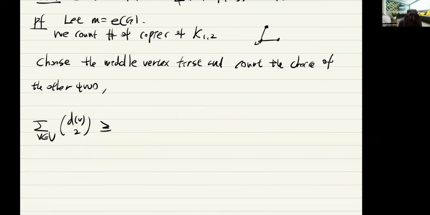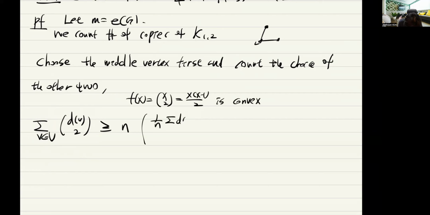Okay, and this is the number. And what do you know? Because this function f(x) is x choose 2, x(x minus 1) over 2, this is convex. Then, using this convexity, we know that this holds.